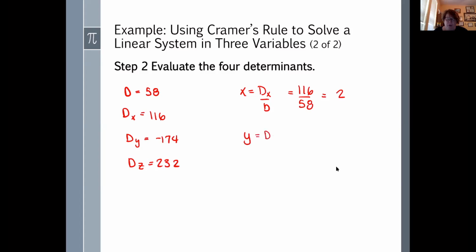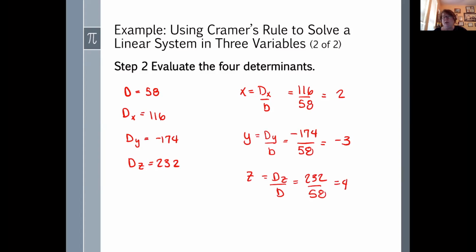Y is D sub y divided by D, which is -174 over 58, which is -3. Z is D sub z divided by D, which is 232 divided by 58, which is 4. So the solution to this system of equations is the ordered triple 2, -3, 4.